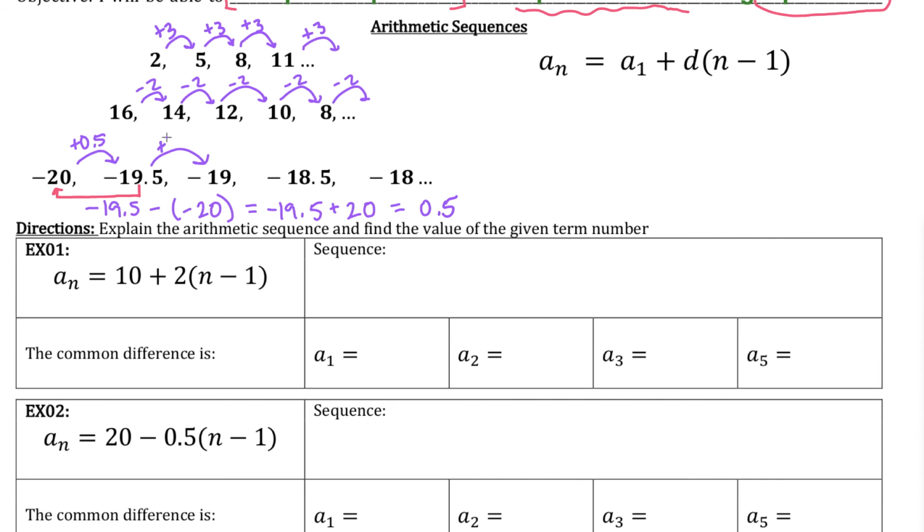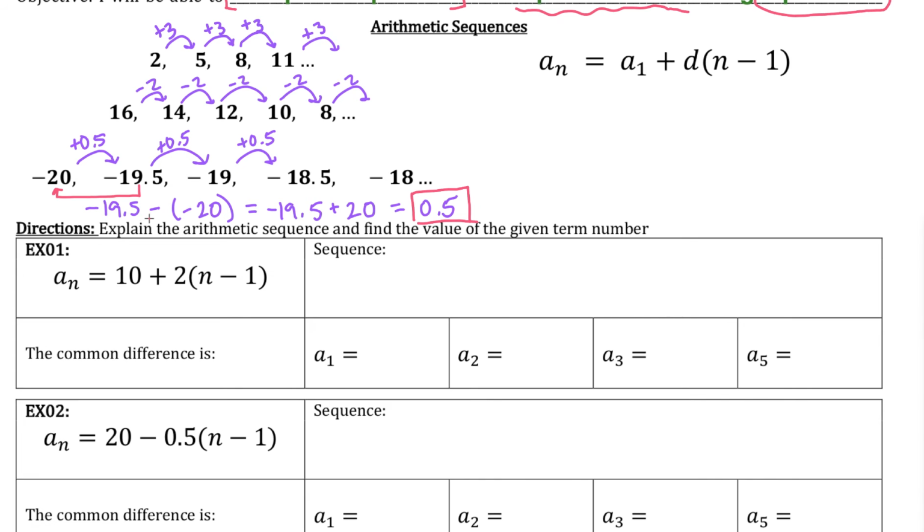So this is plus 0.5 and plus 0.5. And don't forget that that's the number we are adding by in this case.